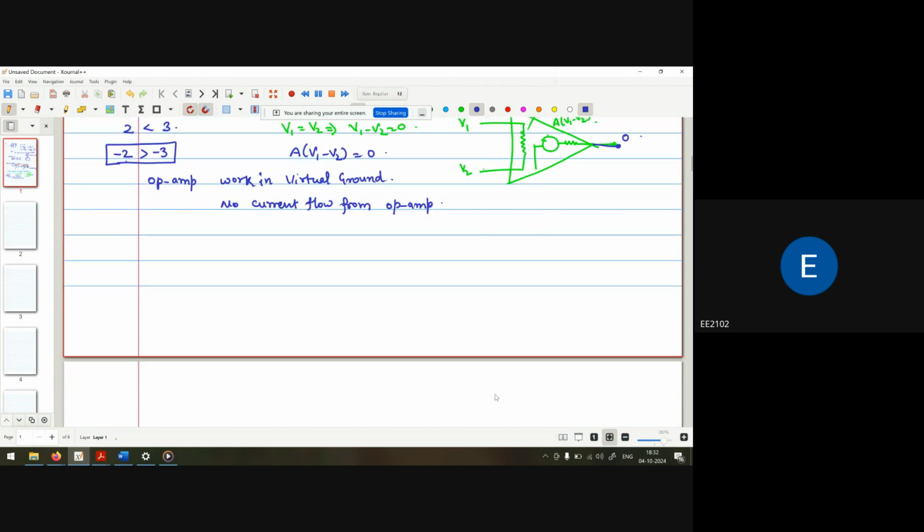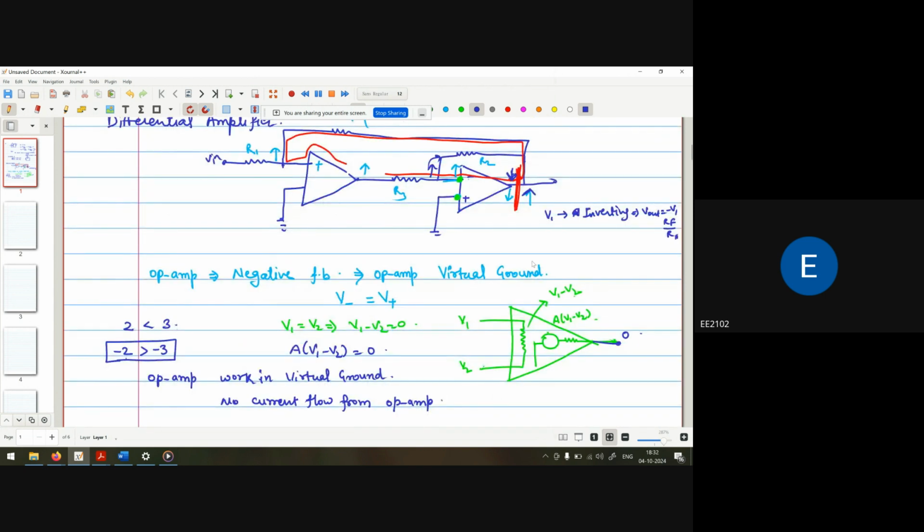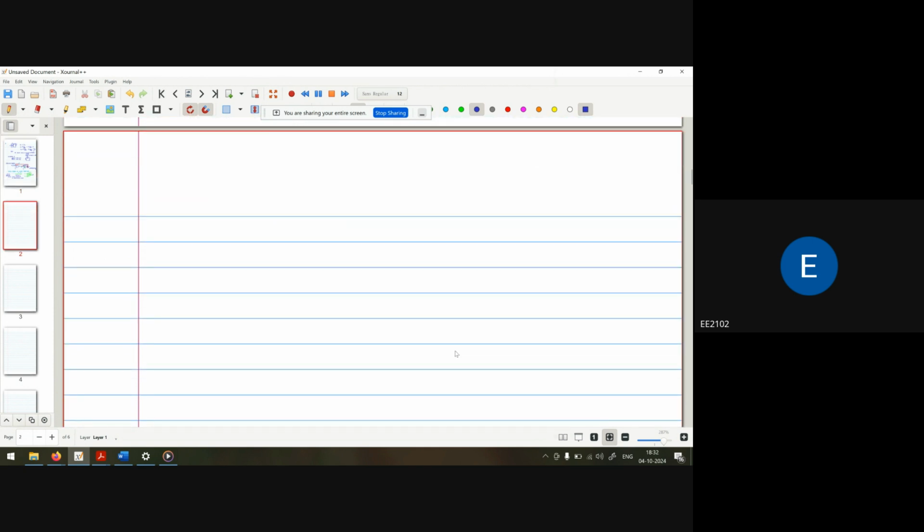If you are calculating the output voltage, what is the output voltage? If we have two circuits, with R1 and Vi, this becomes grounded with the minus sign.